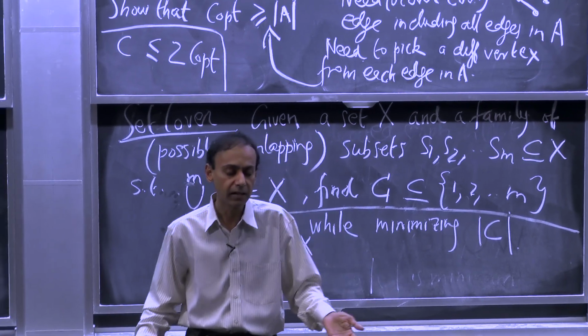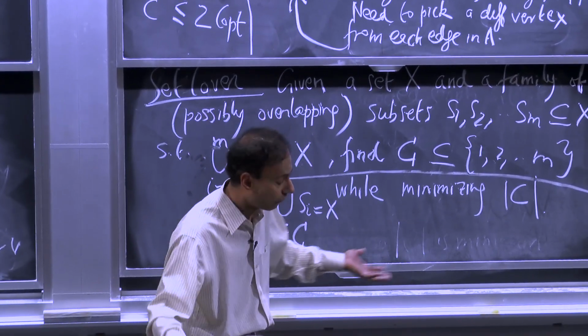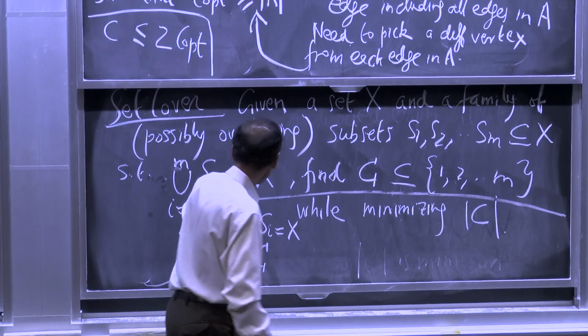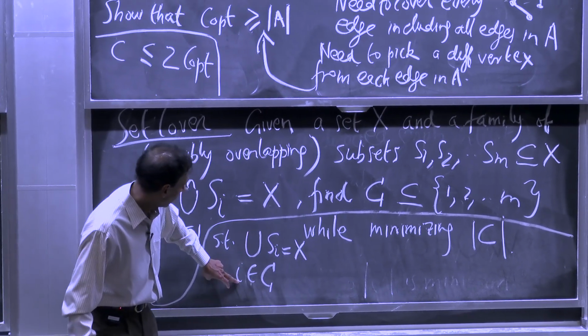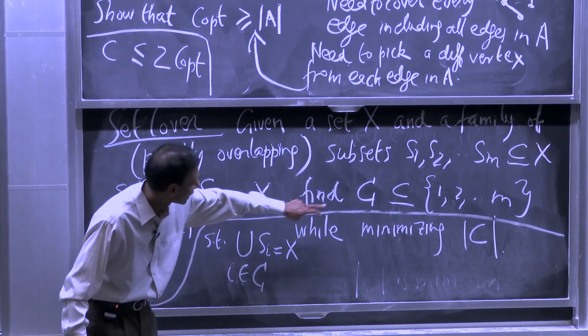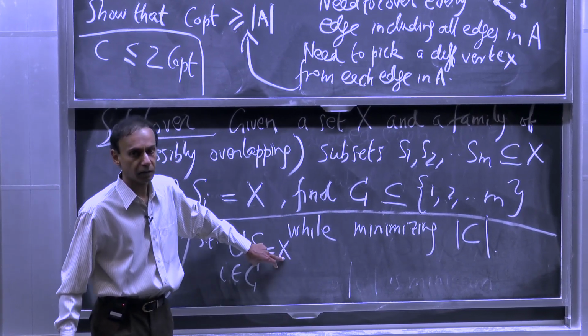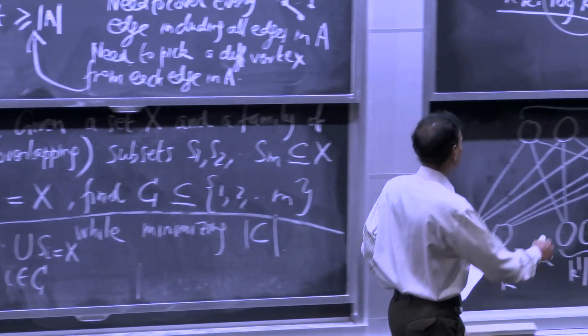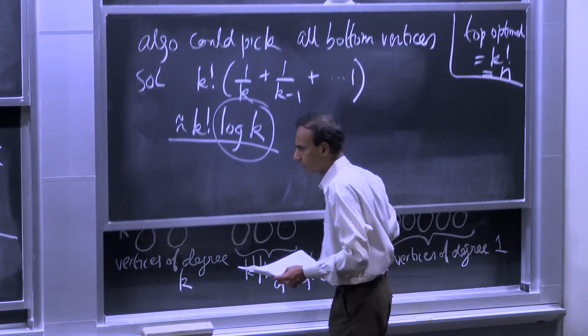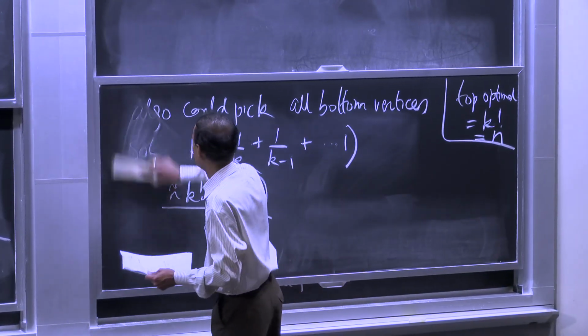So 1 may not be in it, 2 may be in it, 4 may be in it, etc. And such that those subsets that are in this capital C set add up to X. Okay? So pictorially may make things clearer.